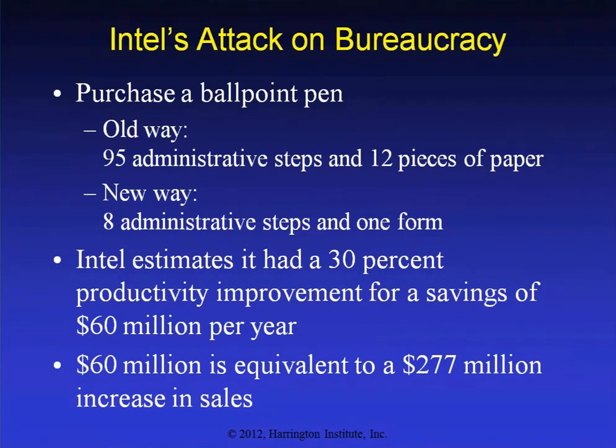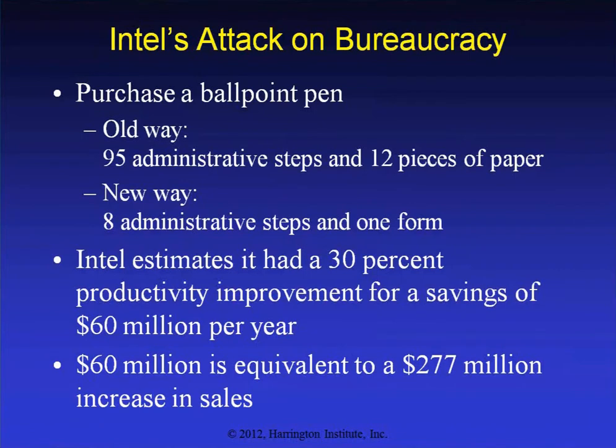We worked with one company, Intel. Their old process to order a ballpoint pen required 95 administrative steps and 12 pieces of paper. The new way, 8 administrative steps and 1. It didn't matter if you were ordering a ballpoint pen or a heavy piece of equipment.